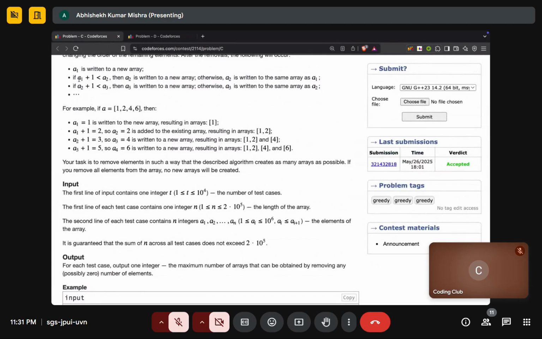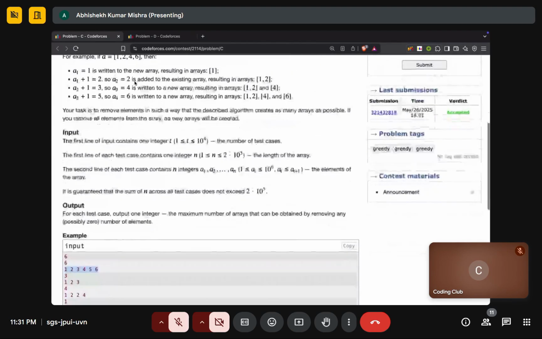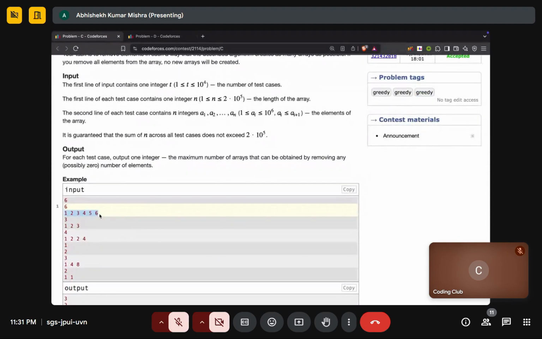The question is: on the current element, if we add 1 and it is less than the next element, then the next element can be made a new array. And we are asked to find the maximum number of new arrays that we can form from this array.